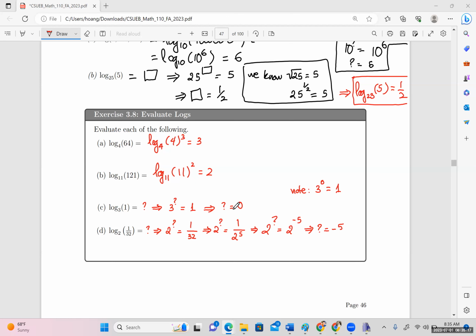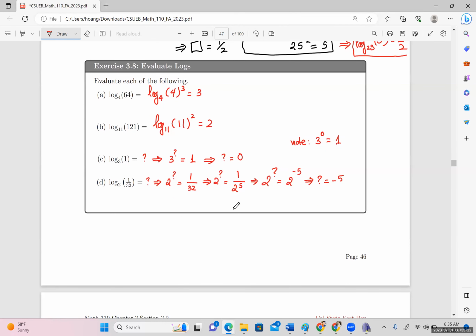And I would like to give you one more special property: log base anything of 1 will always give you 0. So if you see the argument equal to 1, whatever the base is, it's always going to give you 0, right?